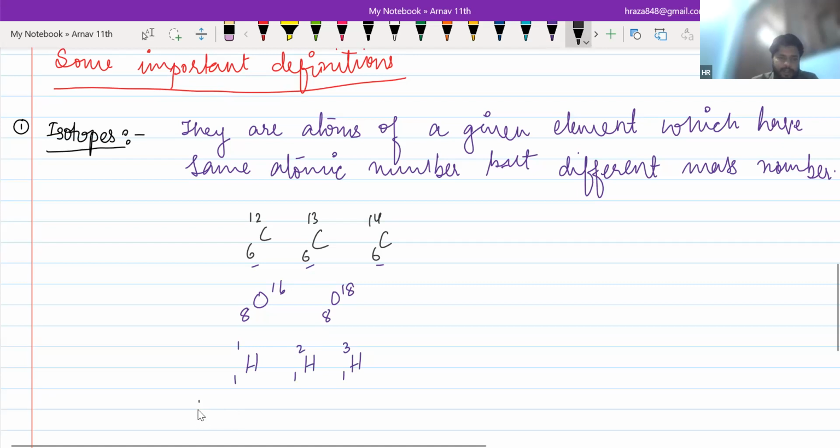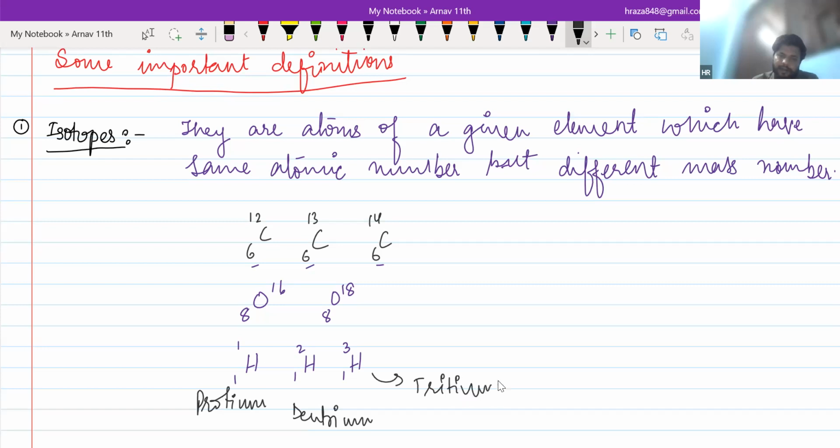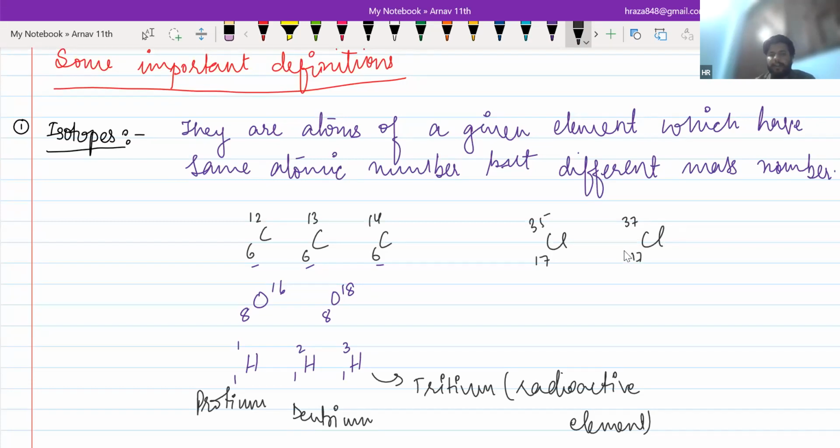This is called basically protium, deuterium. Protium is also hydrogen, and this is called tritium. And tritium is basically a radioactive element. We can have another example, Cl35, 37, which have atomic number 17, 17.